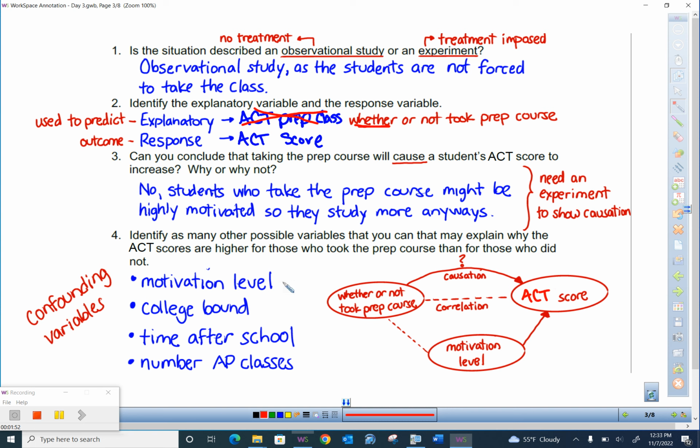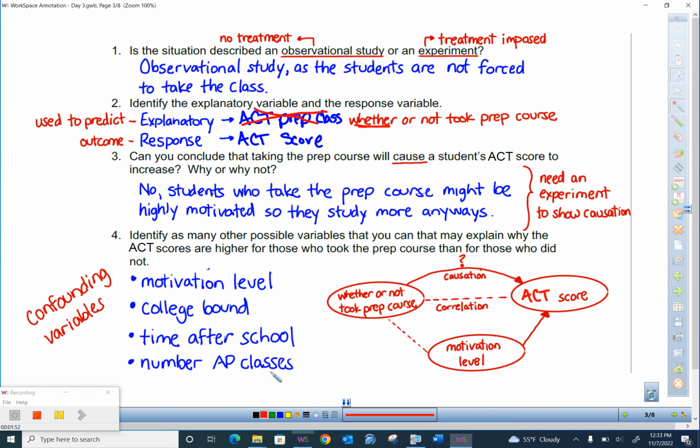So motivation, like students wanting to do well on the ACT, may study more. Okay, that could be something that causes their ACT score to be higher, not necessarily the prep class in general. If they're college bound, their ACT score may be higher because they put in the work. They know they need scholarships or a certain ACT score to get in. The time they spend after school studying.